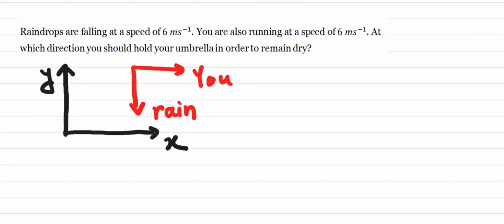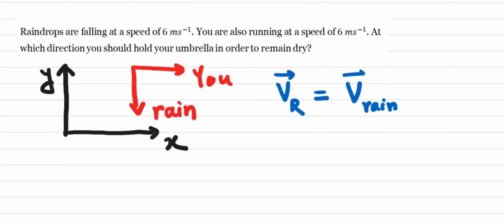According to the concept of relative velocity that we have just learned, this should be calculated as follows. We have the relative velocity of rain, which is given by the actual velocity of the rain.